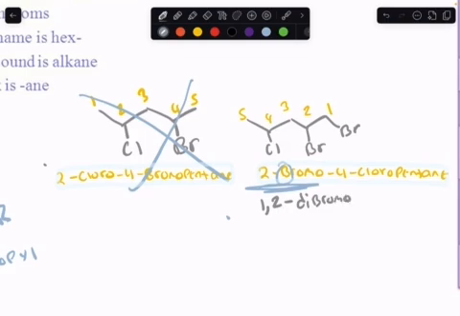So let's say that we added a Br here too, right? So we would do 1,2,5-tribromo. So just keep that in mind, okay? And then that also goes in alphabetical order.